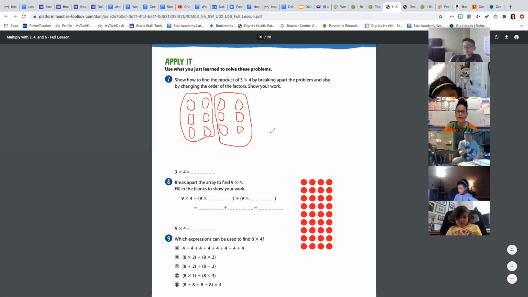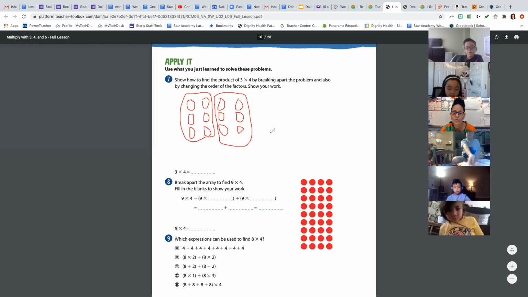So I end up with something that looks a little bit different. Instead of a 3 by 4, I end up with a 3 by 2 and a 3 by 2. Does everyone see that? Breaking apart the 4.